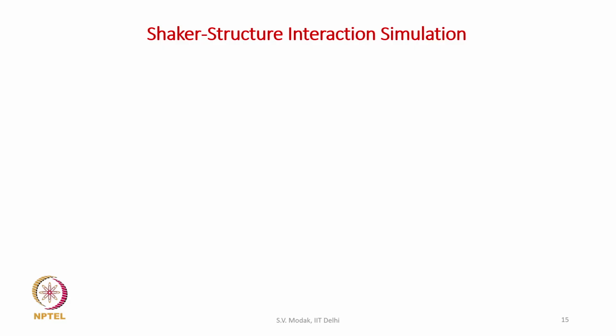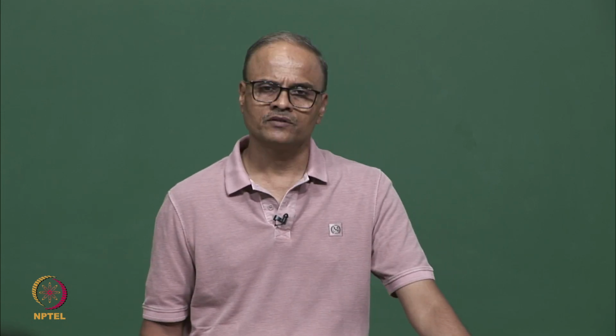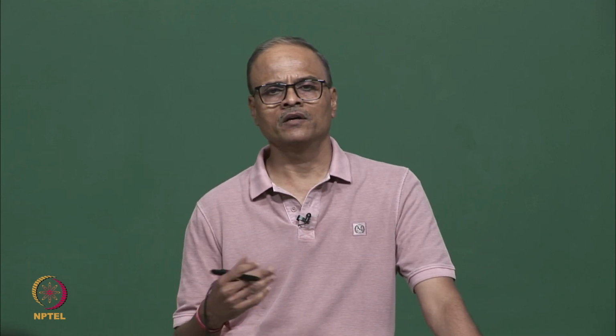So, let us now simulate a typical shaker structure system. We have taken specific, typical values for the parameters Ms, Ks, Cs and Me, Ke, Ce and other electrical parameters of the system, and then we have tried to find these FRFs.